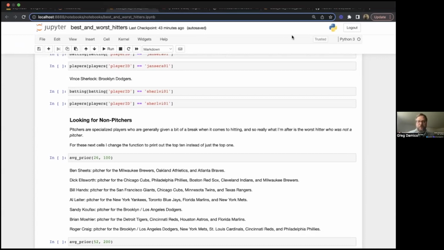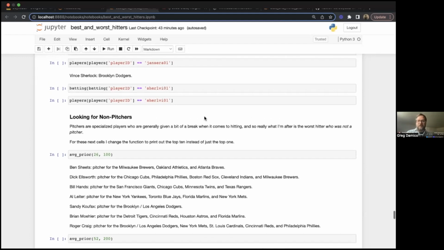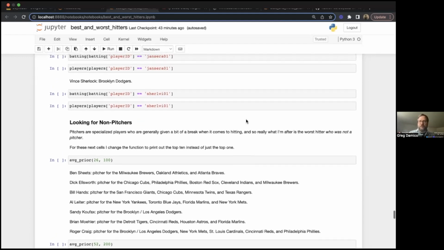We don't necessarily expect them to be good hitters in the same way that we expect non-pitchers to hit. So what we might want to do is filter out the pitchers so that we're looking at only non-pitchers. Maybe what I really want to know is who's the worst hitter who was not a pitcher.